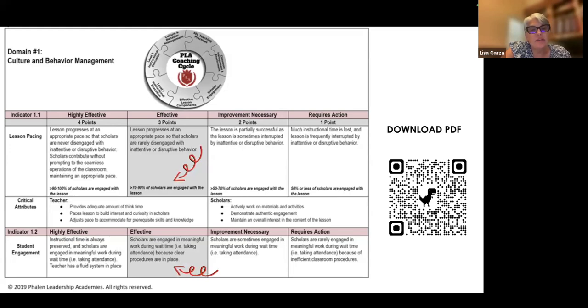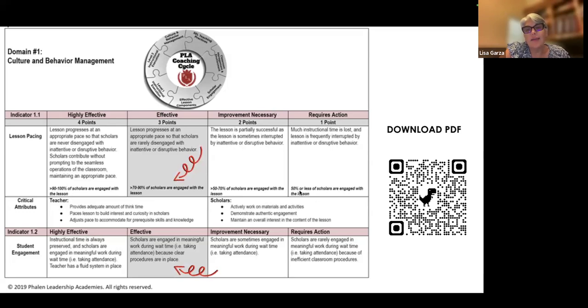If there are 70 to 90% of scholars engaged in the lesson, you'll get 3 points, and you will be rated effective. And that is where we want all of our teachers to be at a minimum. If you're rated highly effective, then that is even better. If only 50 to 70% of your scholars are engaged in the lesson, then you will be rated improvement necessary.